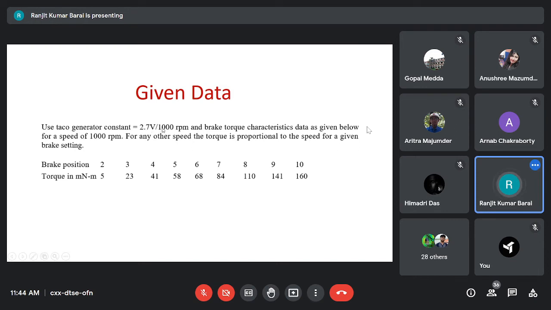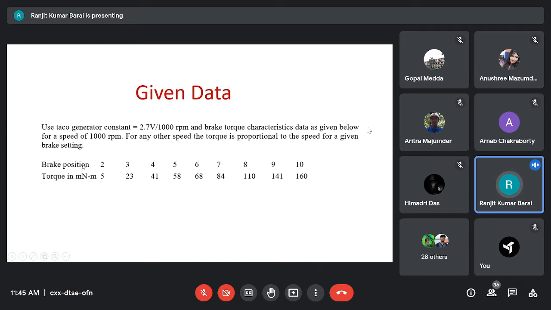So if I find that the speed is 500 RPM, the voltage will be 2.7 by 2, like that. At 100 RPM, it will be how much? 2.7 divided by 1000 into 100, so 2.7 by 10, sorry, 0.27 volt, like that. You can calculate how much speed is there at the output shaft.